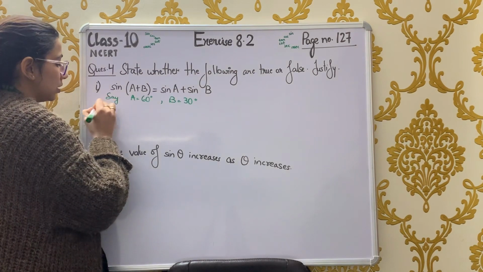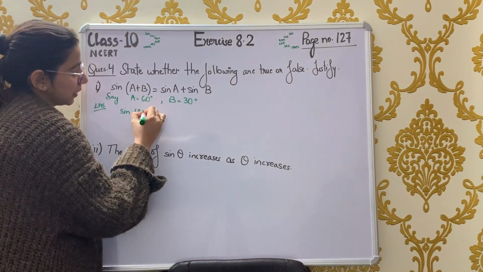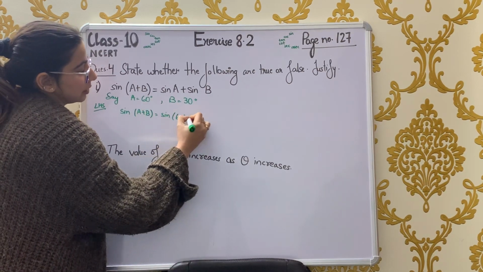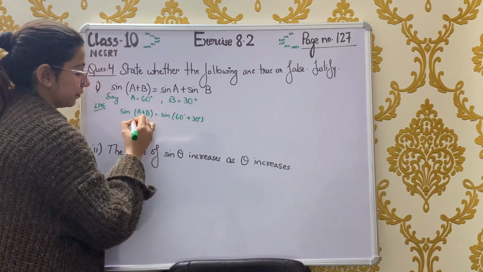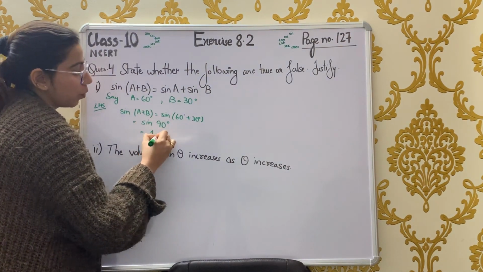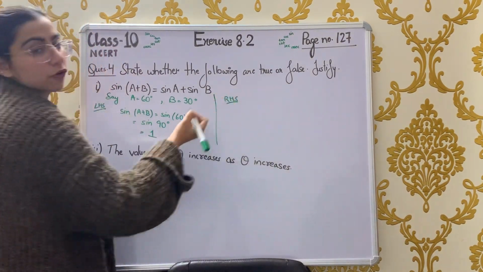So let's see LHS first. We get sin(A + B) equal to sin(60 degrees + 30 degrees), which is equal to sin 90 degrees, which is equal to 1. Now let's solve for RHS.